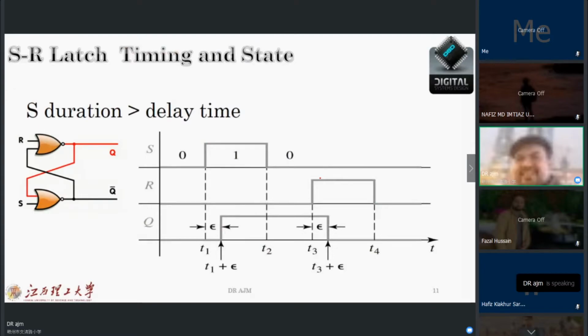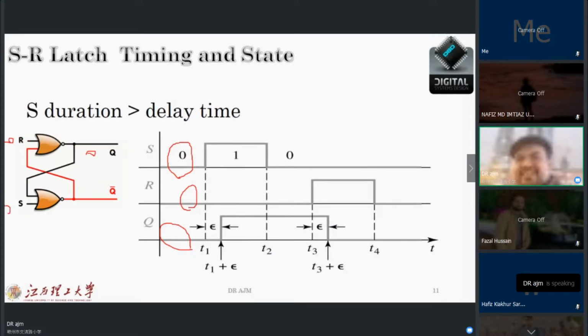A better way to show the performance of this SR latch is the waveform that we can see here. Here, as you will see, I have a state of 0 for S and a state of 0 for R. And then Q is also 0.